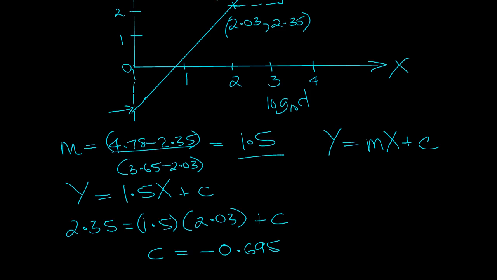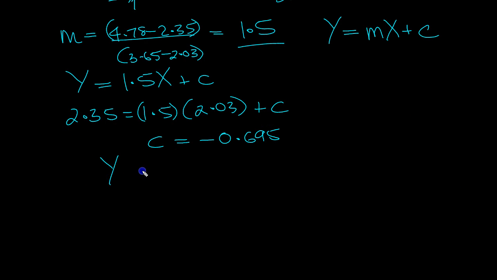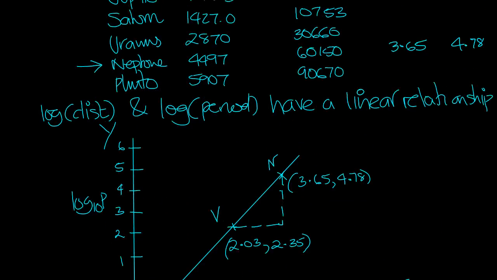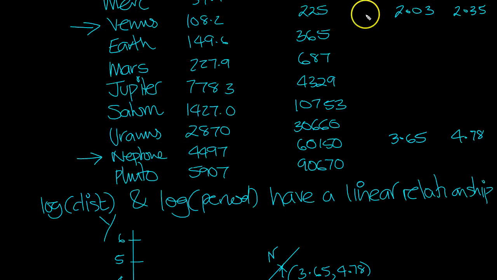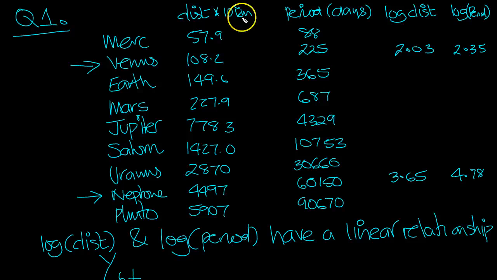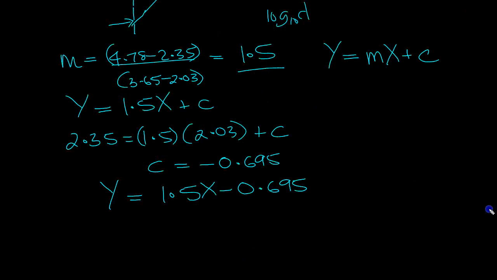So we can see then that y is equal to 1.5x minus 0.695. So let's go back to the logs then. This was log of the distance and the period, wasn't it? So if we label this axis here as the distance d, and this is the period p, then we can write down this.